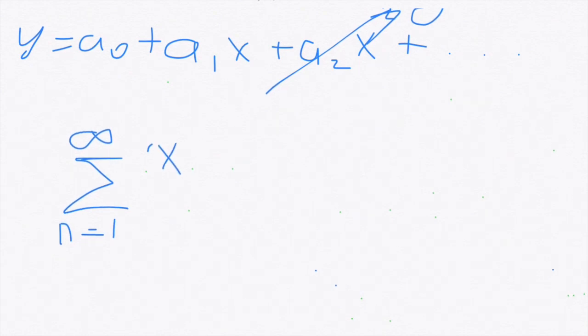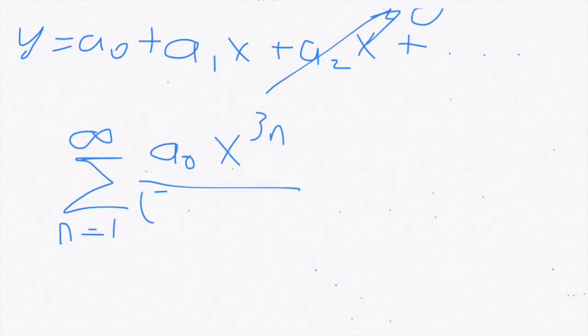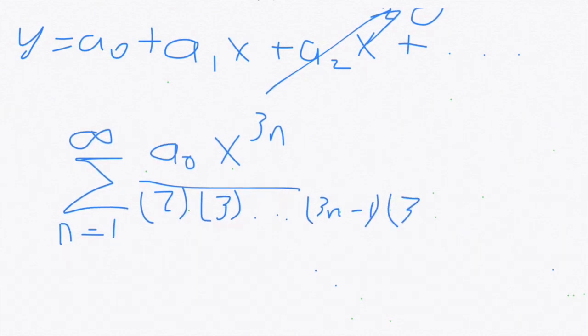So you need a of 0 first: a of 0 x to the 3n over 2, 3, dot dot dot, 3n minus 1, 3n. Right? So that's for every term that follows the recurrence solution for 3n.